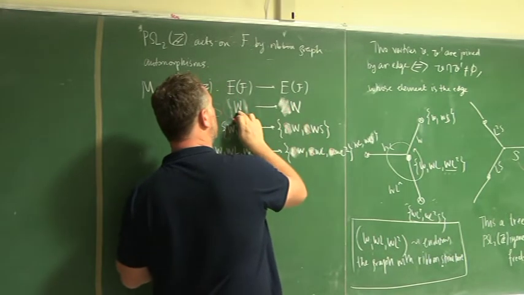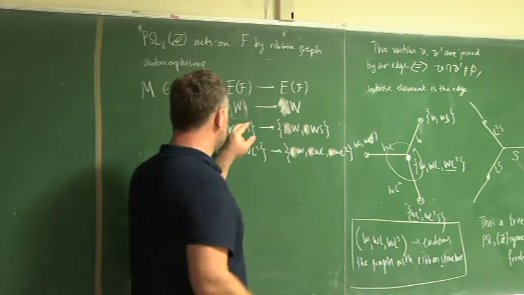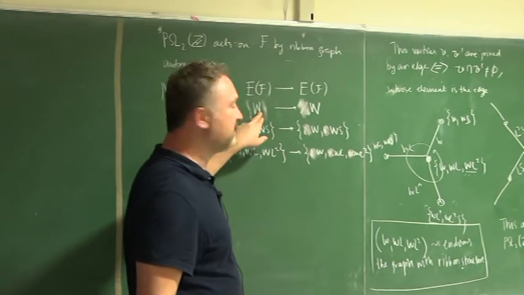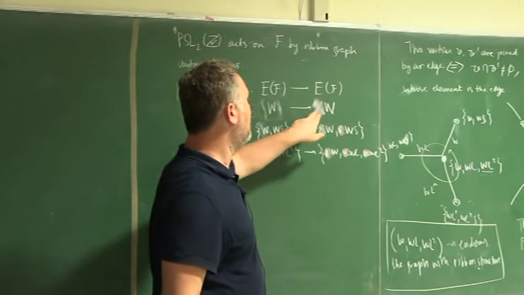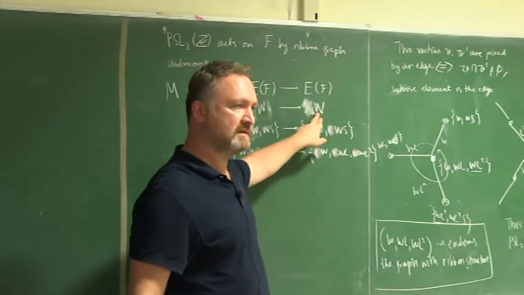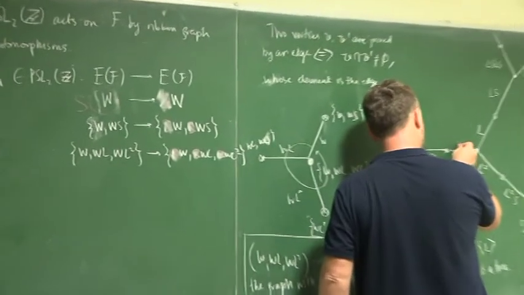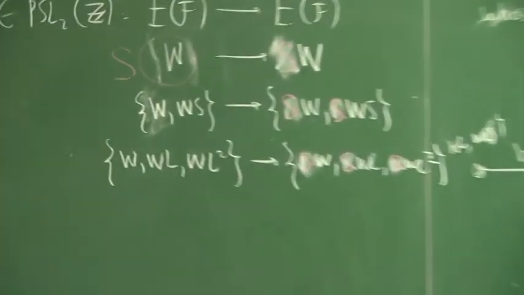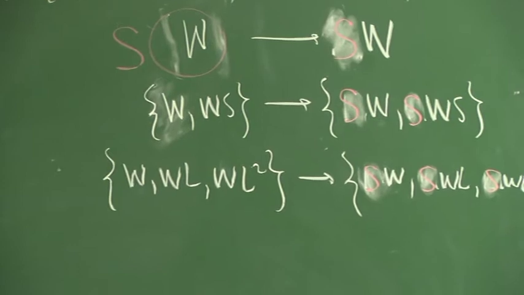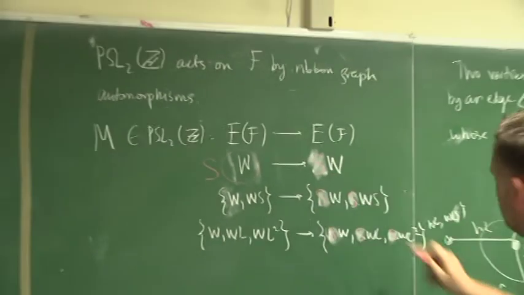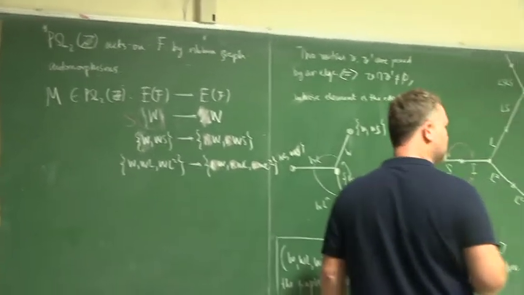If I put W equal to the unit element I here, then this is sent to S times I, which is just S. This edge I is sent to this edge. And correspondingly, this edge S is sent to S square, which is just identity. So this element is sent to this element.